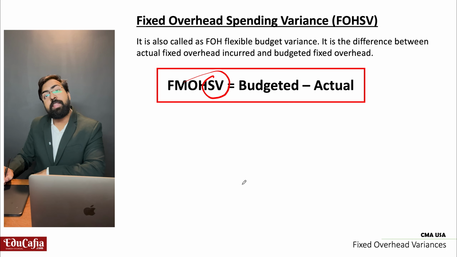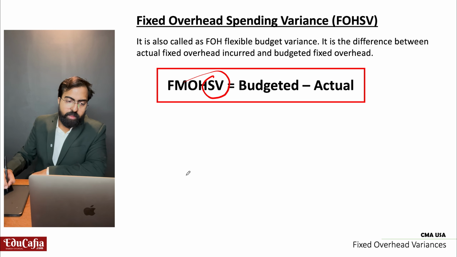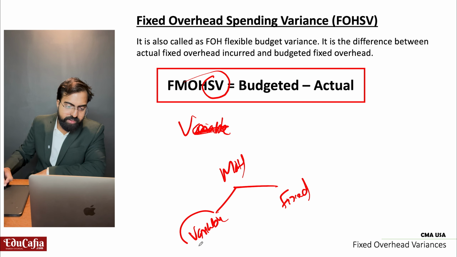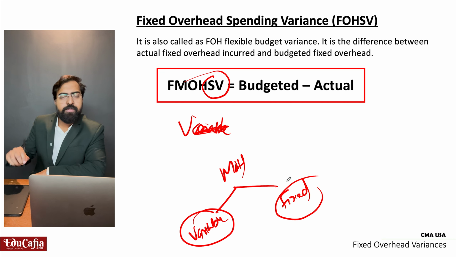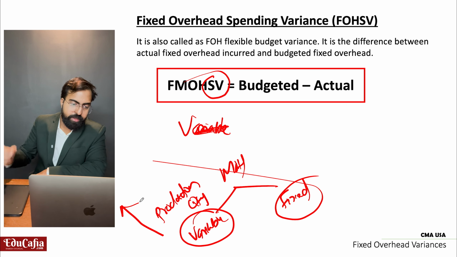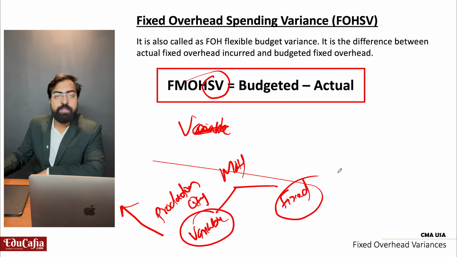You have to keep one thing in your mind, that the manufacturing overhead cost is divided into variable and fixed. So what is the difference between them? Variable is nothing but when you increase the production quantity, the variable cost also will increase according to the production quantity.